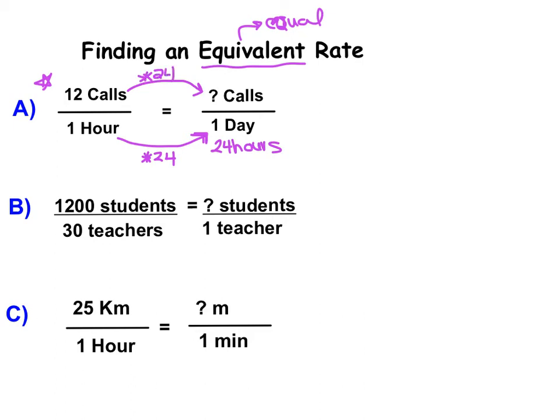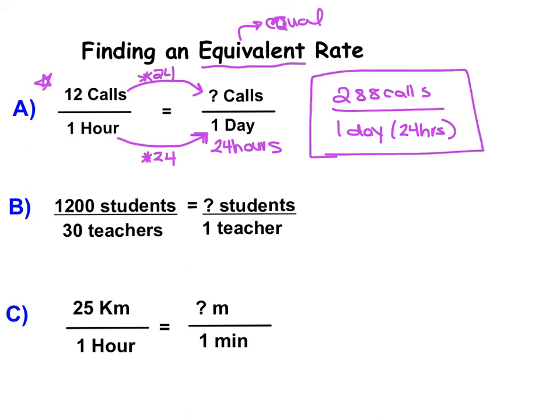So if I turn 1 hour into 24 hours by multiplying by 24, I take 12 and do the same. 12 times 24 gives me 288 calls in 1 day, which is the equivalent of 24 hours.